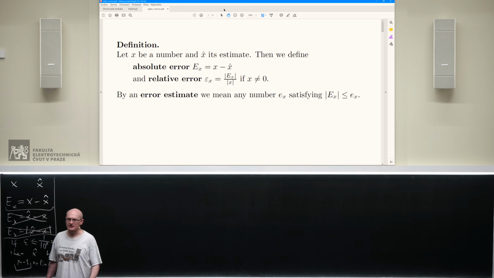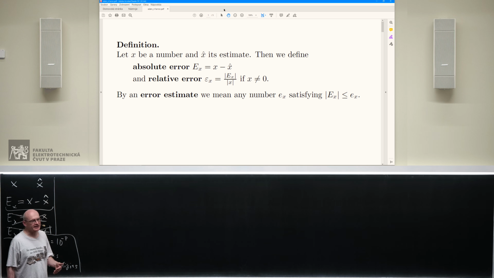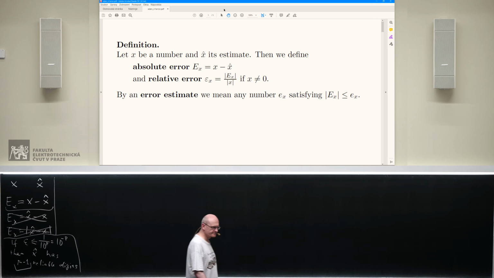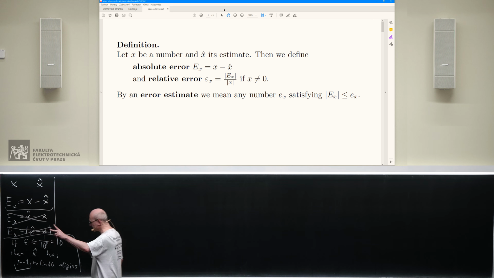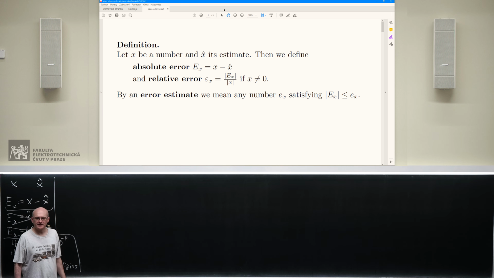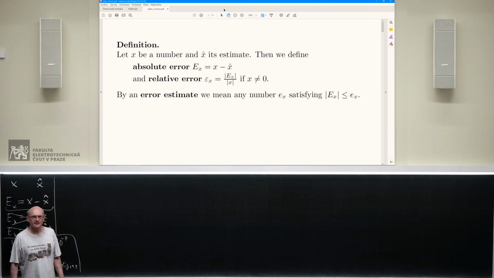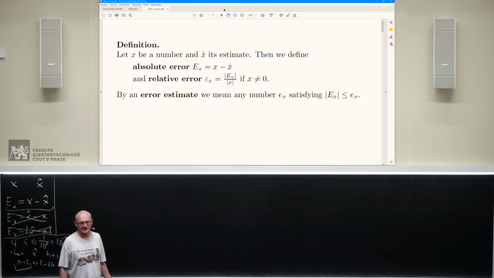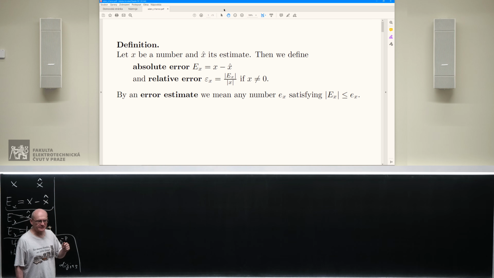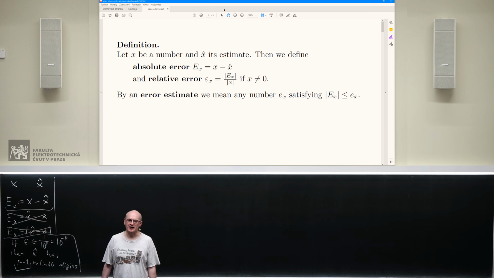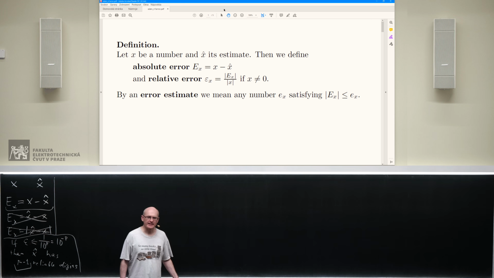Now, relative errors are closely associated with working in computers and calculators. No. Okay, last try. I'm mixing it up.